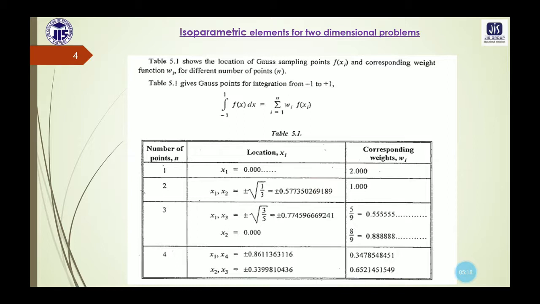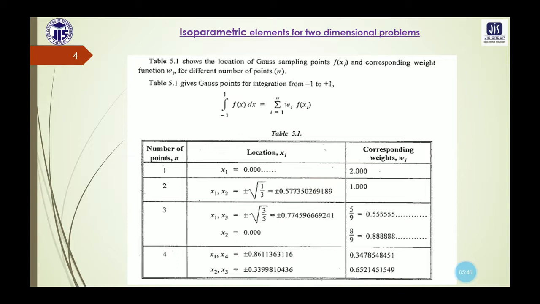So the value of x1 is plus root under 3 by 5 and the value of x3 is minus root under 3 by 5. Corresponding to these x1 and x3, the weights w1 and w3 are equal, and these are 5 by 9, that is 0.555.